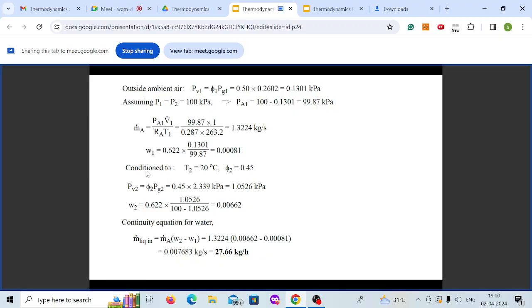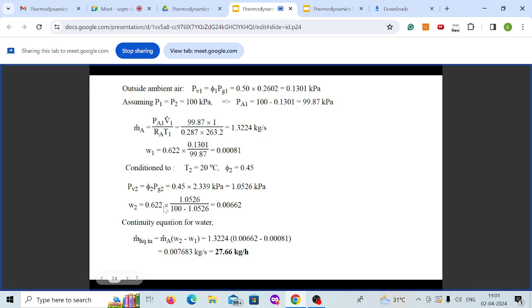Now this air is conditioned to 20 degrees Celsius and 45% relative humidity. At state 2 your water vapor pressure is again relative humidity times saturation pressure at 20 degrees Celsius, which is 2.339 kilopascal, and the relative humidity is 45%. That gives you a water vapor pressure of 1.0526 kilopascal, and using this we can calculate the specific humidity.